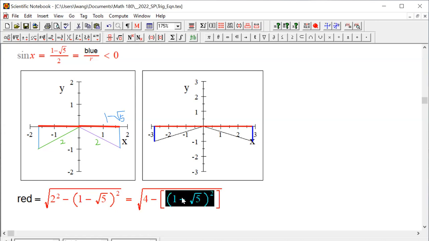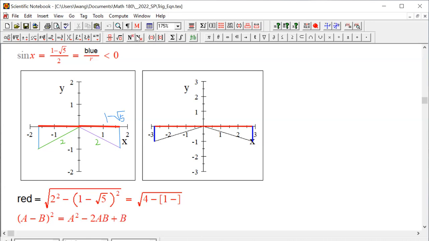So (a minus b) squared equals a squared minus 2ab plus b squared, right?